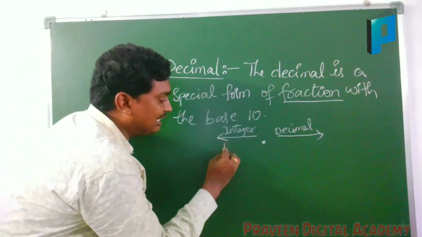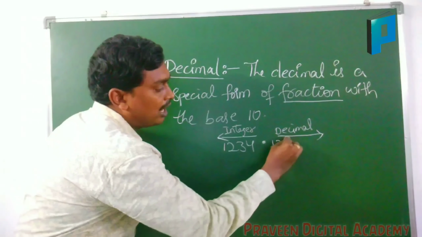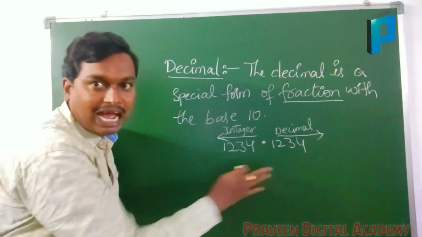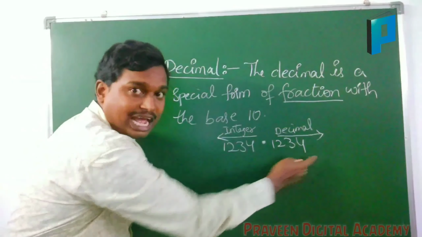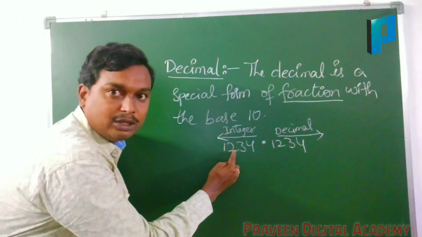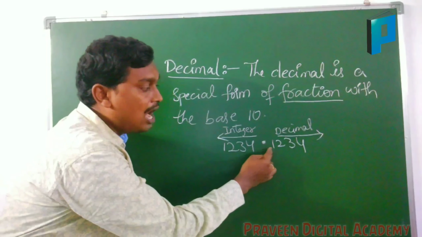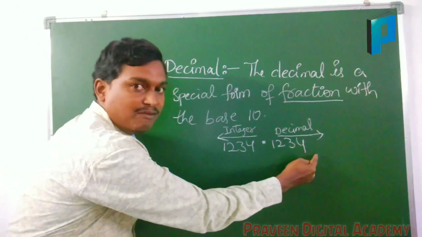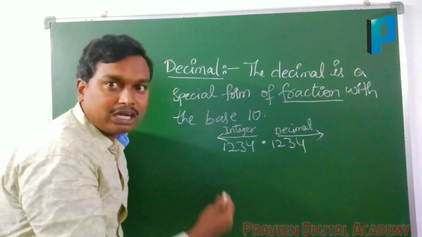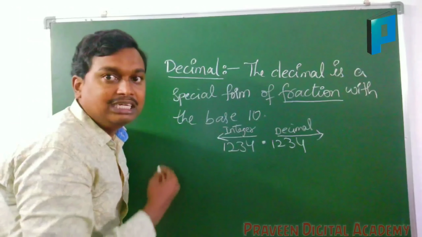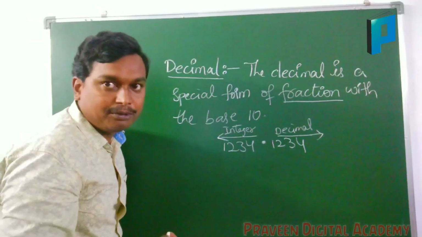If you have 1234.1234, you have to pronounce it as 1234 point 1234. It means after the decimal, we have to pronounce each and every number.